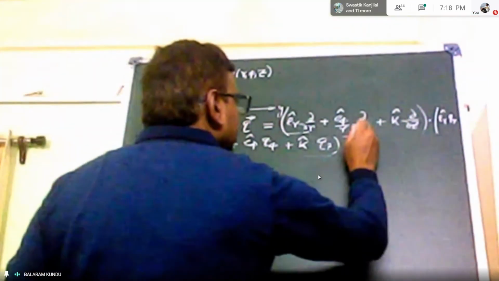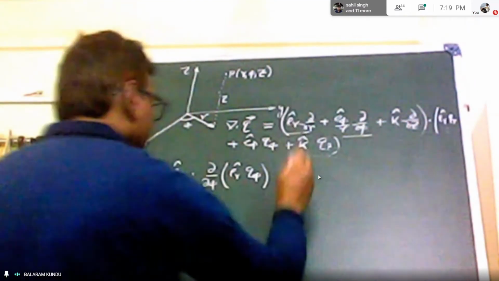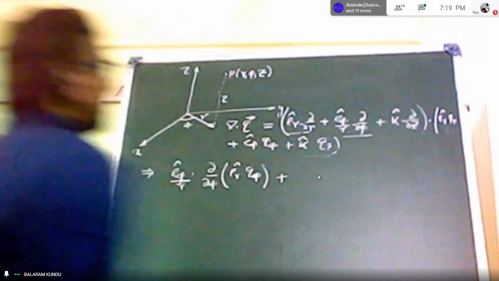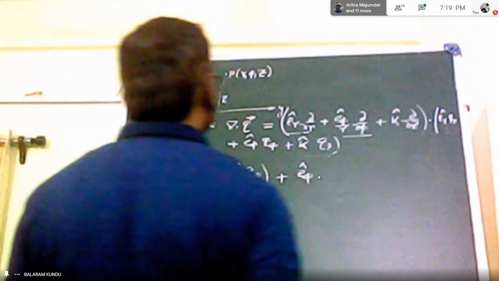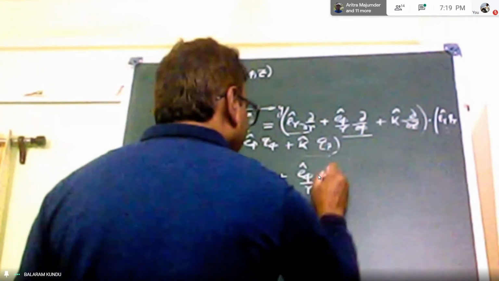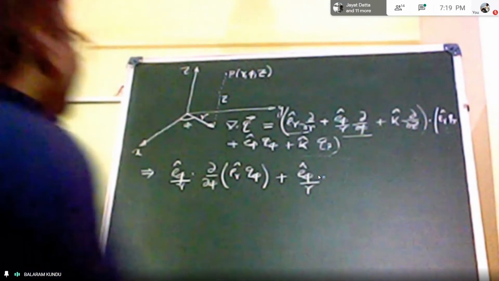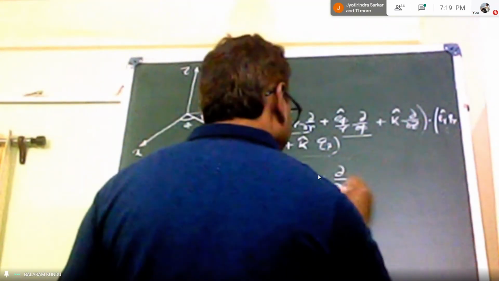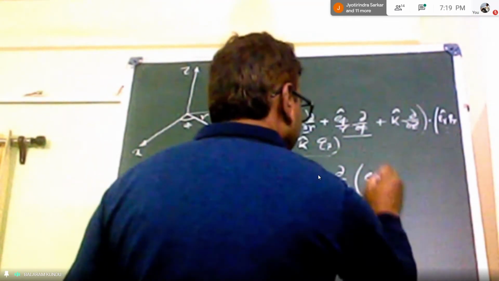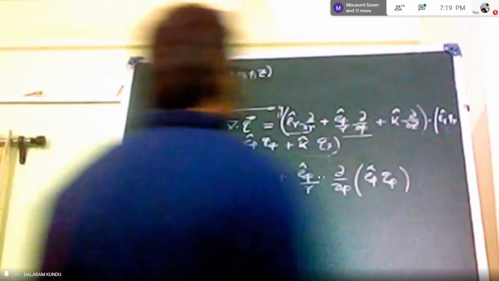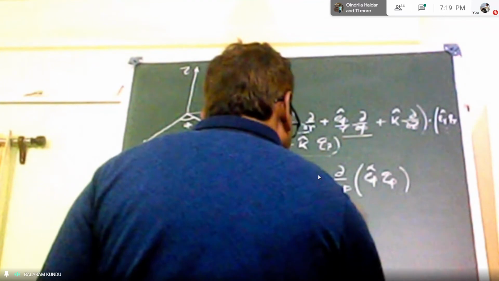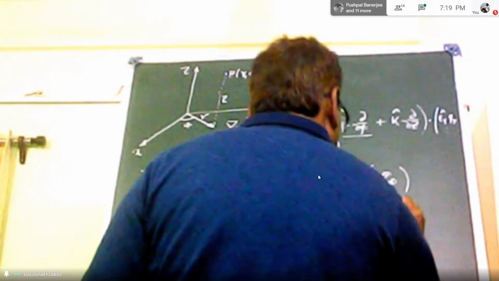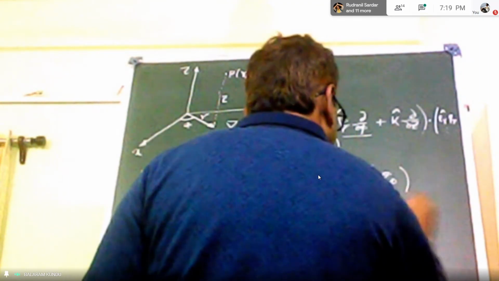If we make the dot product of this term and this, then another two terms are there: plus e_phi by r dot del by del phi of e_phi, plus e_phi by r dot del by del phi of k q_z.